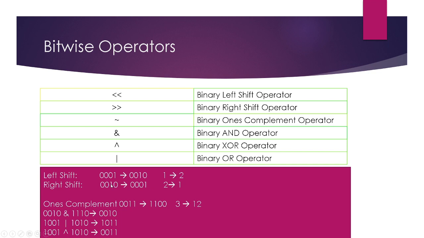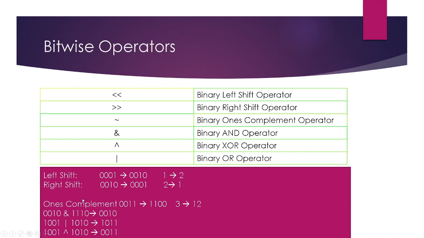Then this bit which was in the second position has come to the first position. When this last bit was shifted to the right, this place became vacant, so I inserted a 0 here. So this number in decimal is 2, it has become 1 after I did the right shift operation. This number which was 1 has become 2 with the left shift operator.